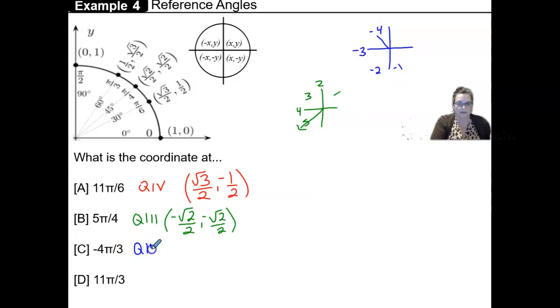So I'm using a pi over 3 reference, but in quadrant 2, x is negative and y is positive. So a negative 1/2 and a positive root 3 over 2.